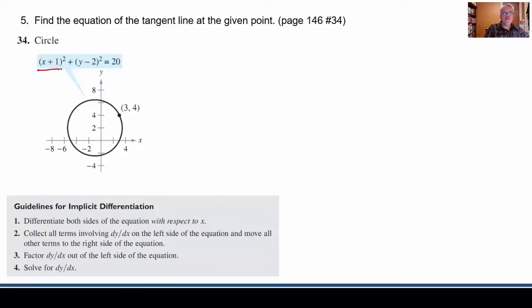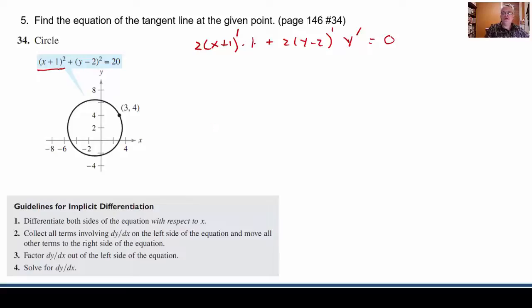The derivative of the first term would be 2 times x plus 1 to the 1 less power times the derivative of the inside, which is 1, plus, same thing here, 2 times y minus 2 to the first power times the derivative of what's inside. You have to remember, y is a function of x. The derivative of what's inside is y prime. Okay, equals the derivative of 20, which is 0.